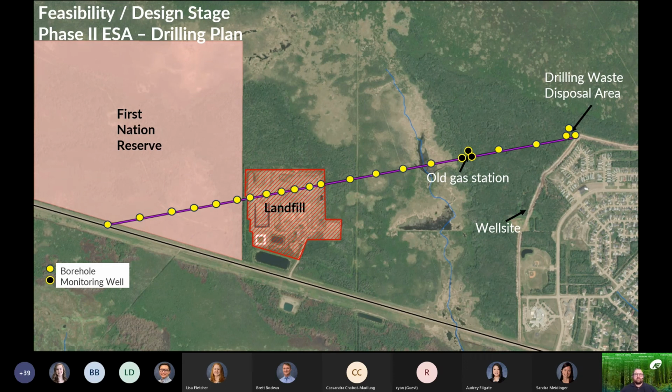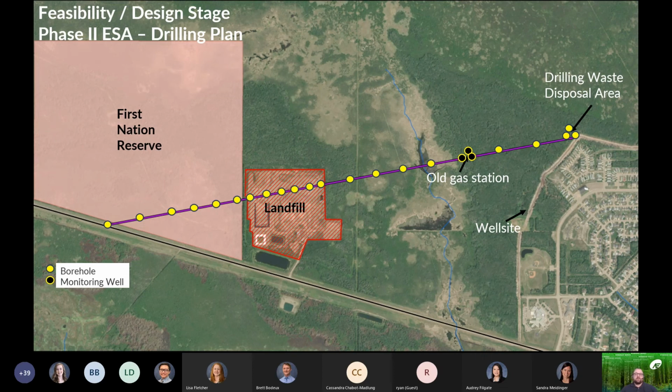Monitoring wells are likely not needed for the entire length, but we've proposed some around the old gas station. The landfill, because there are already monitoring wells there, in this case study, no additional monitoring wells were decided to be needed. For a roadway, a set interval may be selected for sampling to represent a certain volume of soil being managed, and it's usually on a project by project basis.